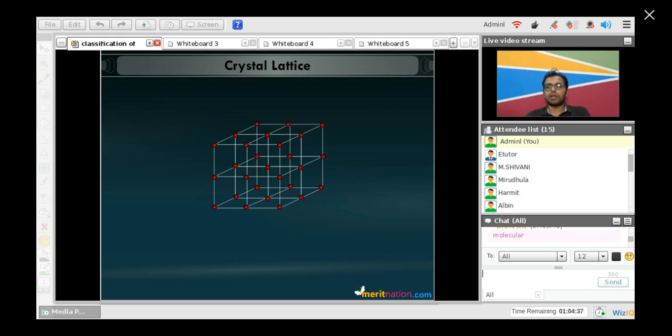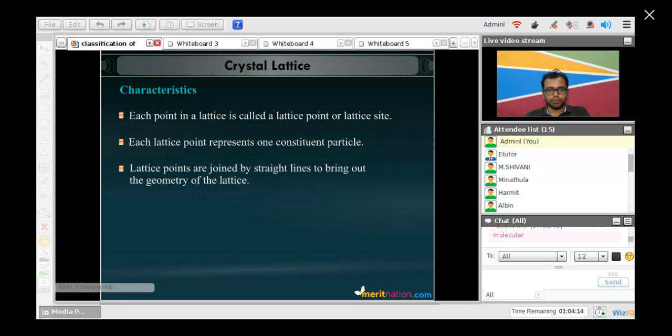In a metallic solid, you will observe a definite arrangement of atoms inside the solid, right? For a solid, you define a crystal lattice. All the points shown here are called lattice points, right? And these are the characteristics of lattice points. Each lattice point represents one constituent particle.